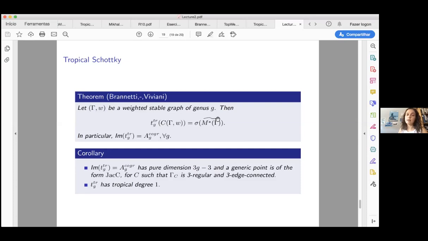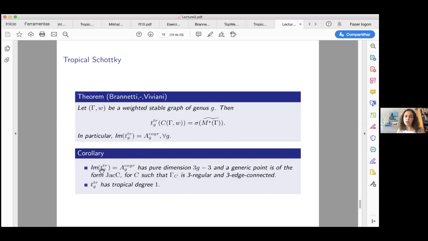So this is a statement which in particular allows us to conclude that the image of the tropical Torelli map is this locus that we call A_g^cographic, which corresponds to the image of all these cones.